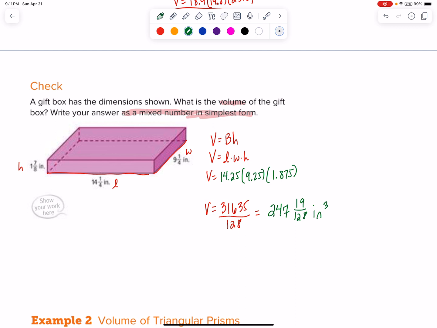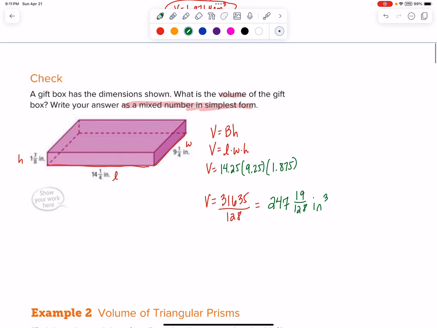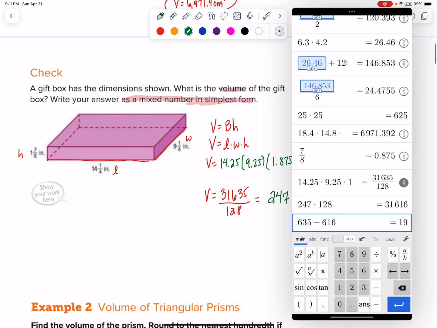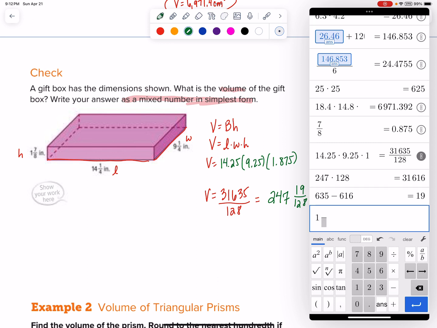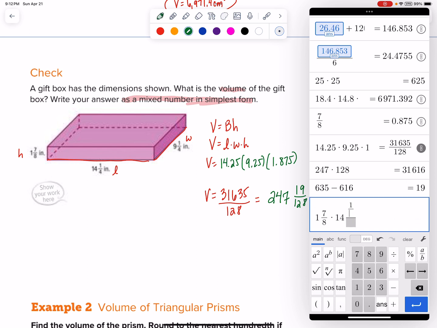That's the volume. Let's go ahead and just see what it would have looked like if we ran it with fractions. So we have 1 and 7/8 times 14 and 1/4.